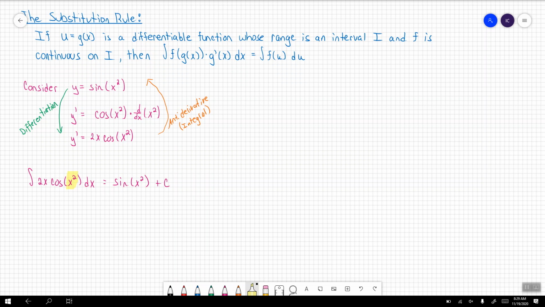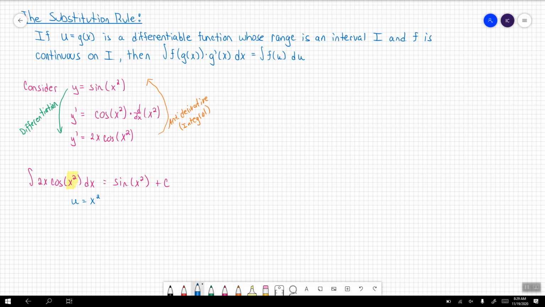So naturally, what I want to do is extract that. I want to say that u is going to be equal to x squared. And that's what this substitution rule is saying: if you have an innermost function, make that your substitution. Furthermore, we're going to need to check to see if the derivative of that substitution is multiplying my integrand.